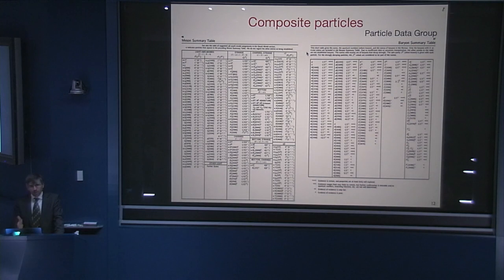And from these elementary particles that I showed, you can build many composite particles. You don't see this table very well, but that's precisely the point. There are hundreds and hundreds of particles cataloged by dedicated people, the Particle Data Group collaboration, and you don't need to know them because they are all built out of elementary particles.